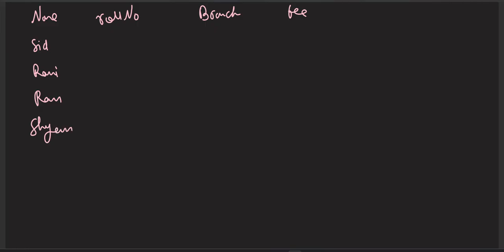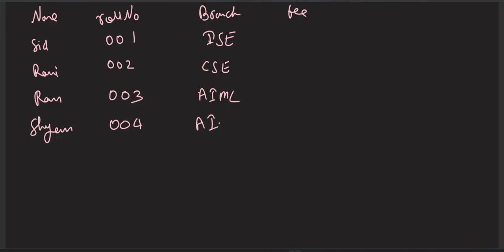These are four students whose roll numbers are 001, 002, 003, 004, and they are from ISC, CSC, AIML, AIDS. Okay, and the fee is around 10 lakh for the whole course, or 20 lakh, 25 lakh, and 15 lakh. Okay, so this is how the table is given.